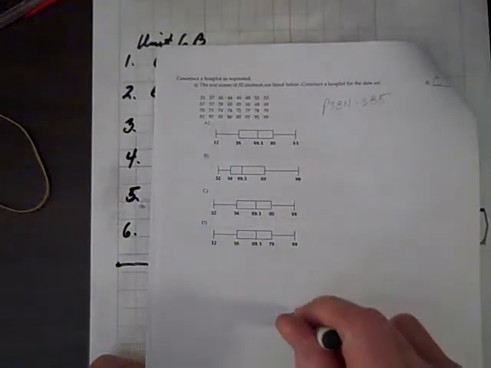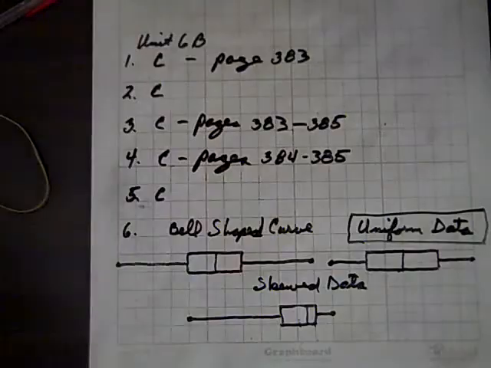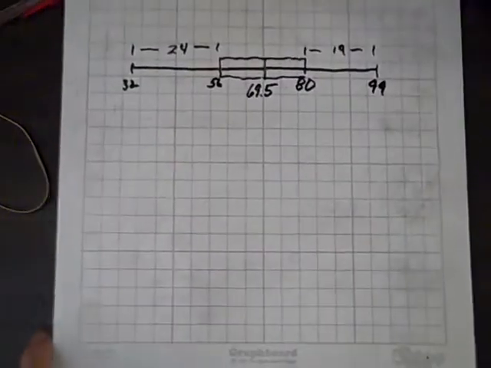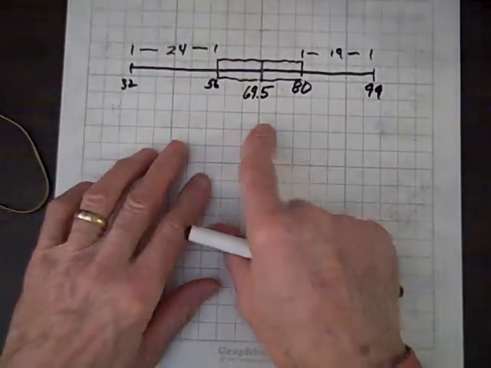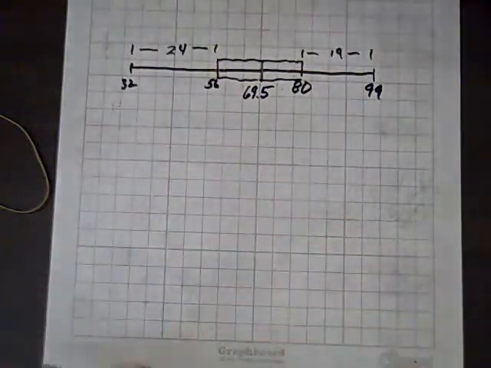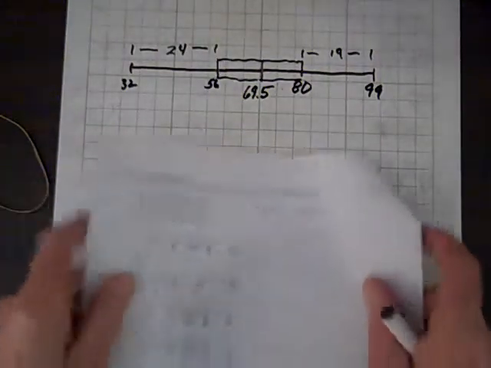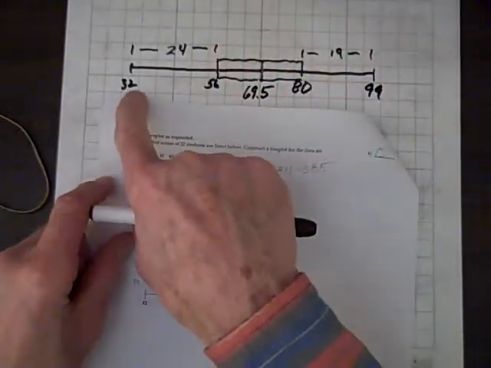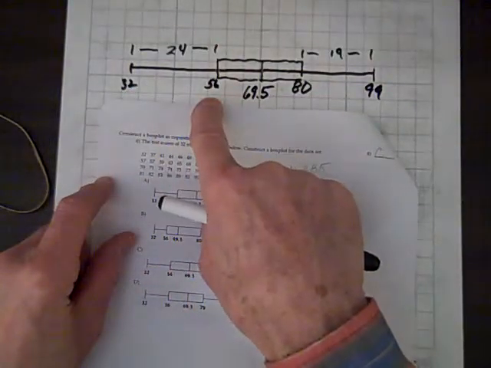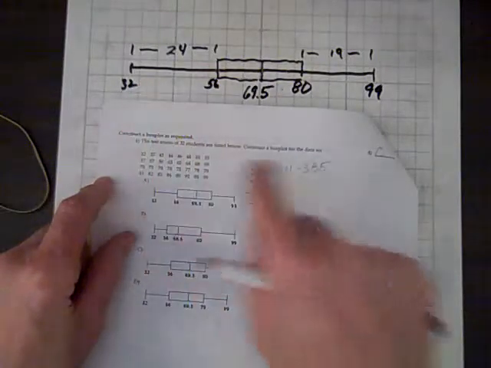Well, here's why. Because if you were to graph the data values on a number line, then the 56 is 24 units above 32.